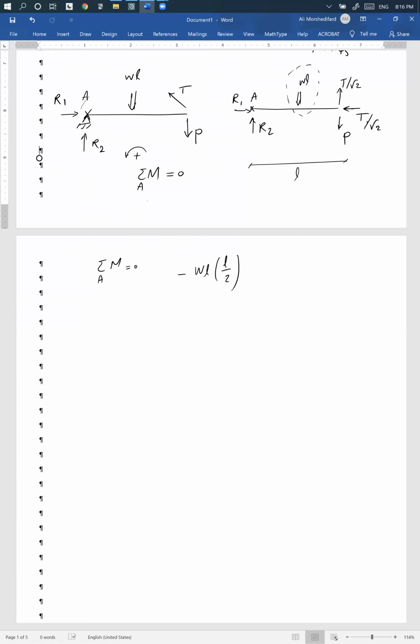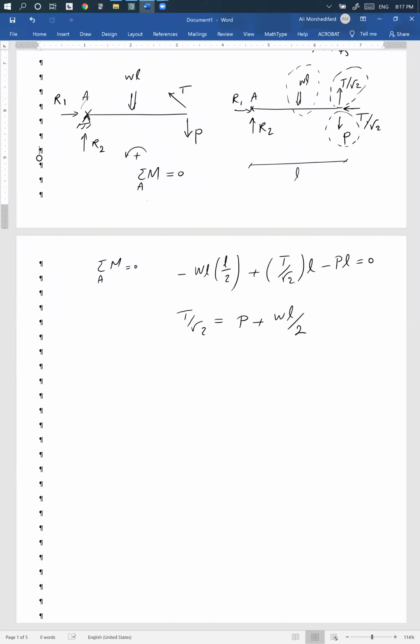Plus T over square root of 2 times L. Then I take care of P: minus P times L should be 0. The unknown here is this T. So T over square root of 2 is equal to P plus WL over 2.